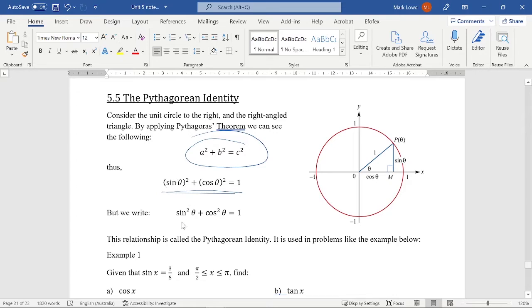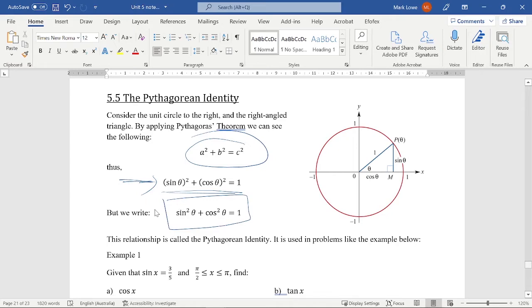So when we say sine squared theta and cos squared theta, what it really means is sine theta as a whole thing squared and cos theta as a whole thing squared, because you can't square sine itself, it doesn't make any sense. Sine is the ratio of those sides. So sine squared theta plus cos squared theta equals 1, and it is on your information sheet.